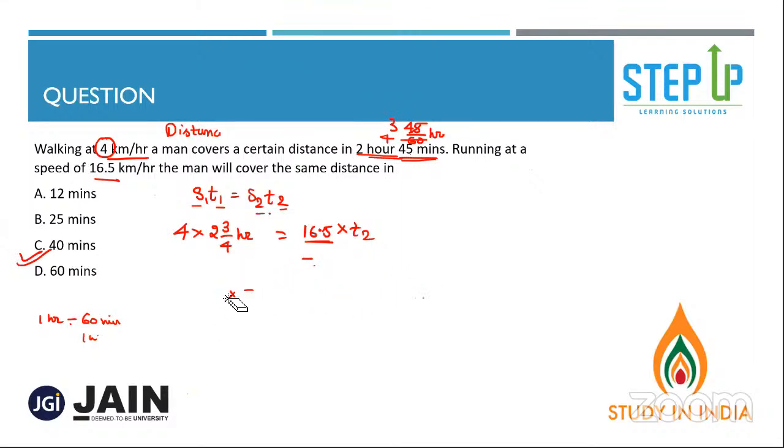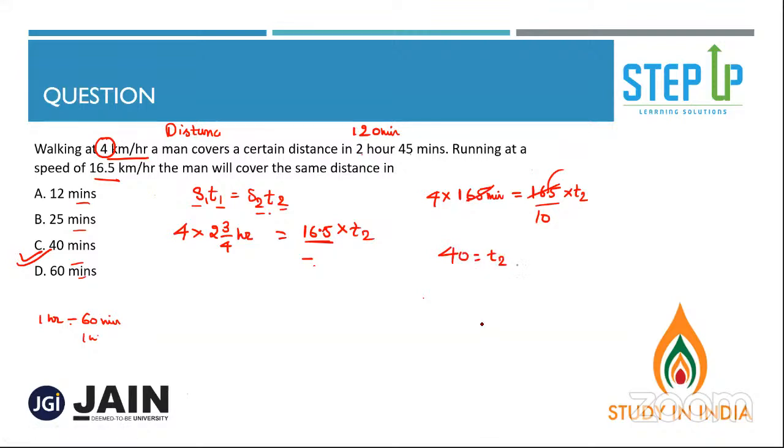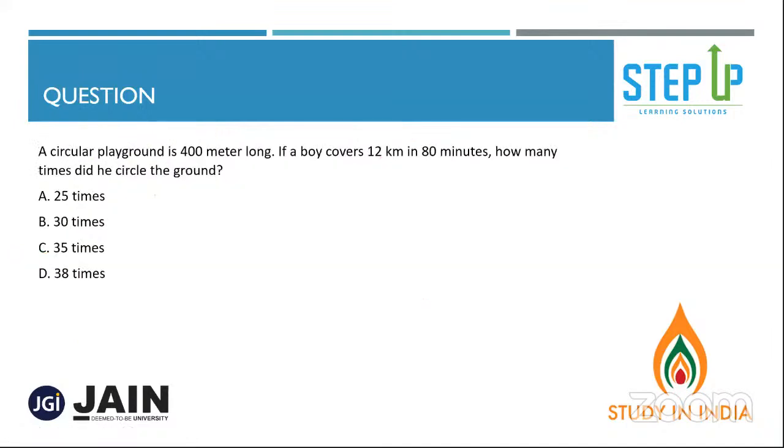Convert this into minutes, because we need the answer in minutes, so that would be easy. 2 hours means 120 minutes plus 45 minutes means 165 minutes. And 4 into 165 is equal to 16.5 into T2 minutes. The answer is 40. Simple. The 3 by 4 was complicating. All right, Lakshmi, I hope you understood.